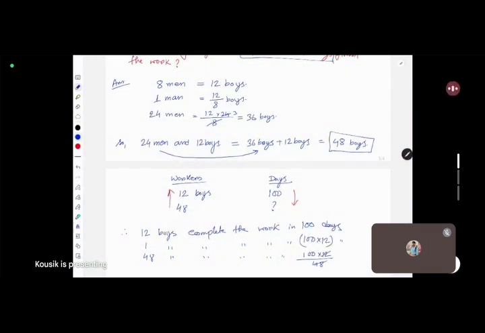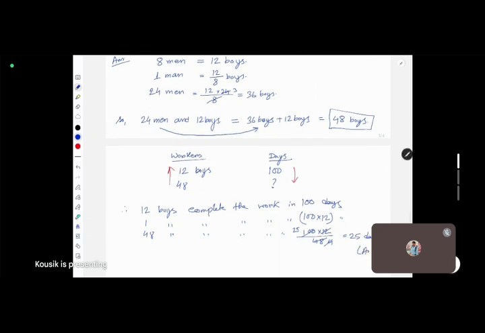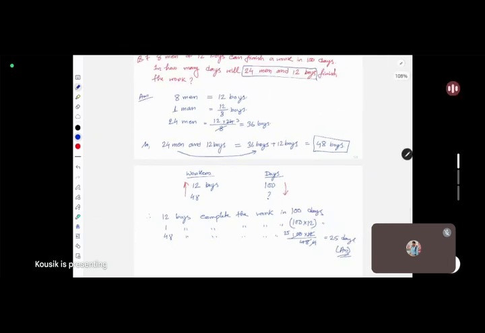That means 25 days. Yes. So in 25 days they will complete the work. This is the answer. This is a very important question.